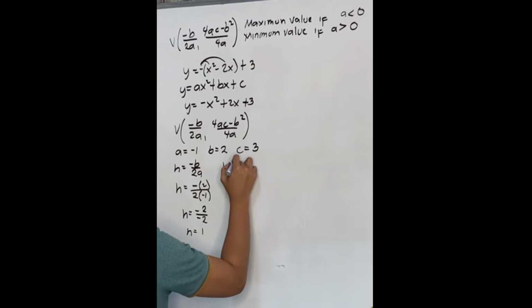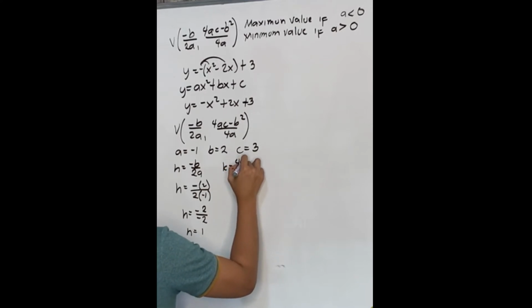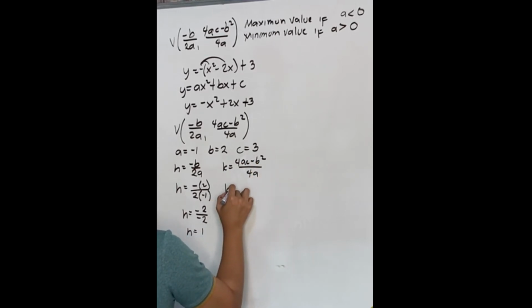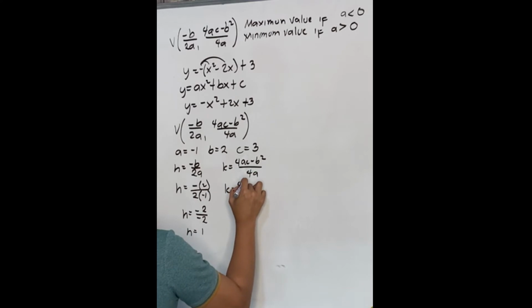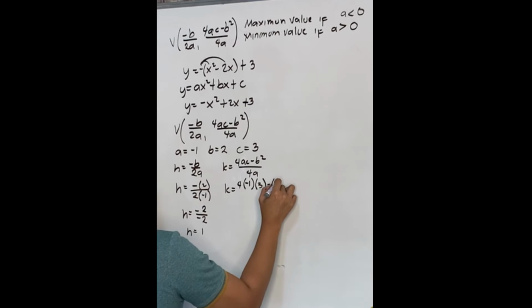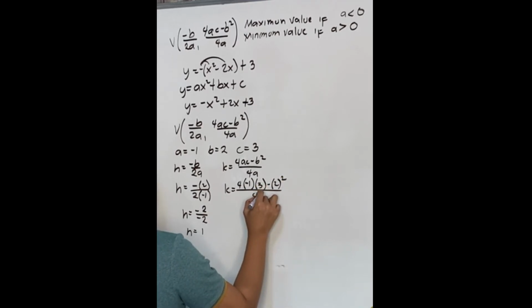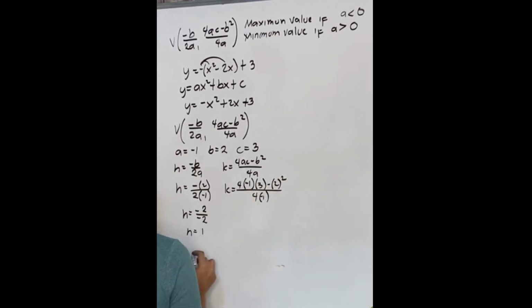For k, let's have 4ac minus b squared over 4a. K is equal to 4 times negative 1 times 3 minus 2 squared over 4 times negative 1.